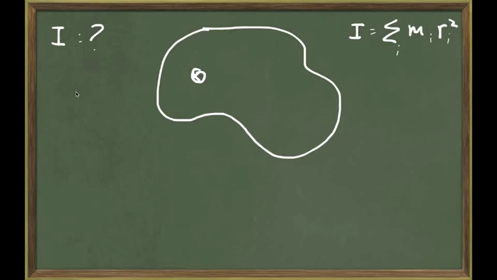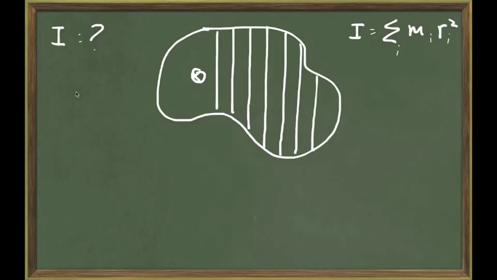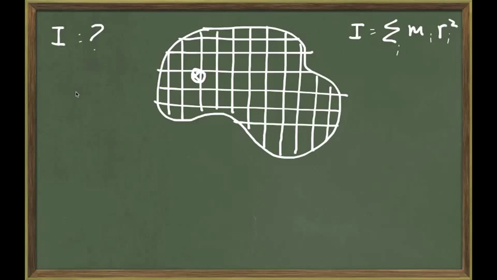For a continuous distribution of mass, the one shown here, suppose that the center of rotation is where it's indicated. What we have to do is basically divide the object into small pieces. We can slice it vertically, horizontally, so that we get small pieces, and we can label each one of the pieces 1, 2, 3, and so on.